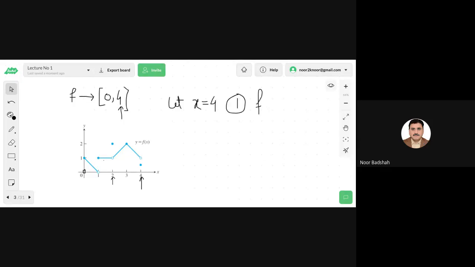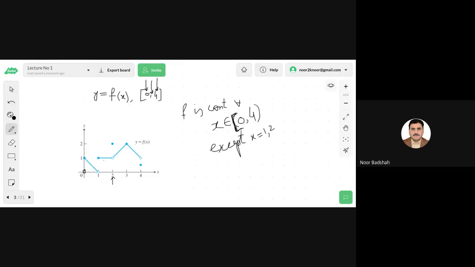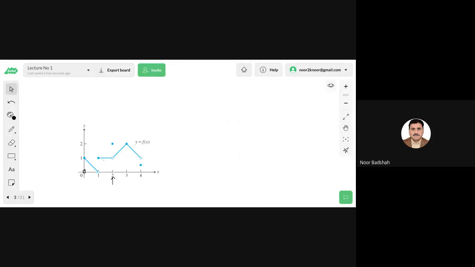Altogether, geometrically, if you know graph of a function, then a point where a function has a jump or a hole, the function will be discontinuous. A point where graph has a jump or a hole, the function will be discontinuous at that point.